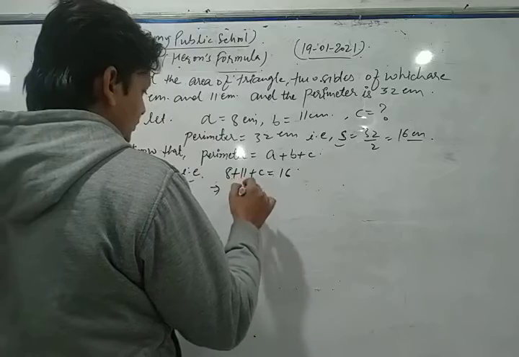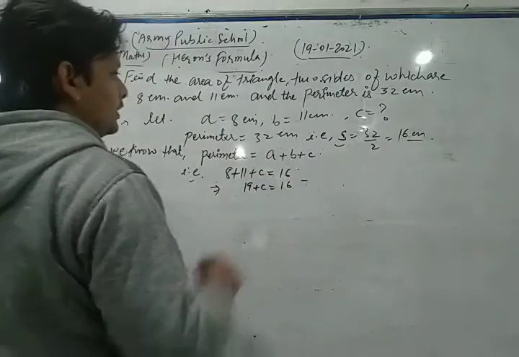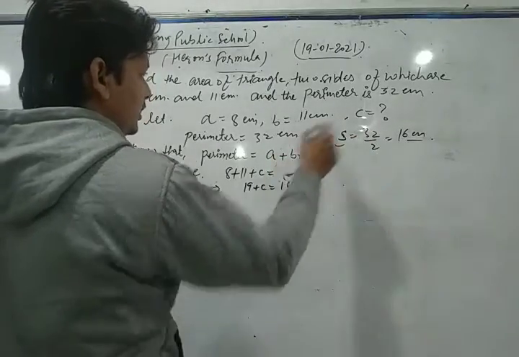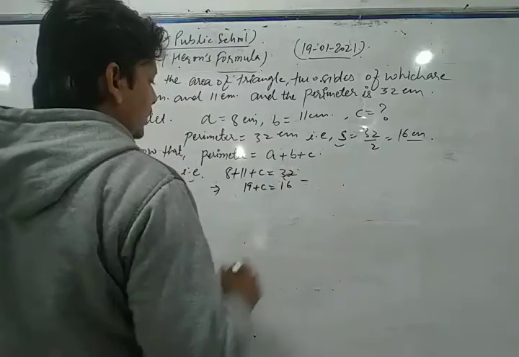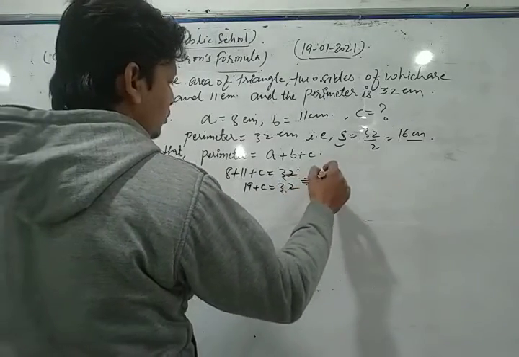Thus we get 19 plus C is equal to 32. Sorry, perimeter is 32, right? Yes, so this is 32.